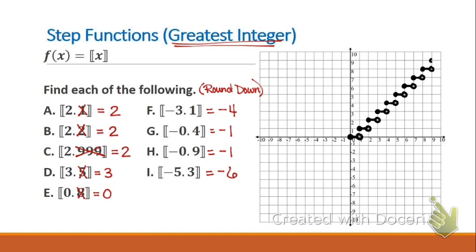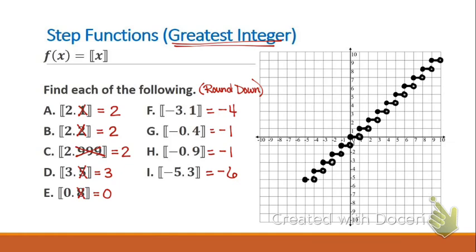I can do that all the way up till I almost get to the corner over here. And then I can take it backwards as well. Open circle on the right, closed circle on the left, because everything is rounding down. Open circle on the right, closed on the left, until I get all the way to the bottom of this graph.